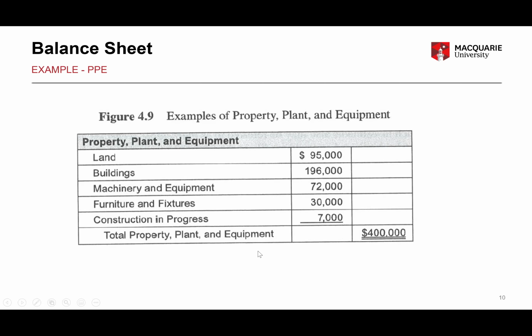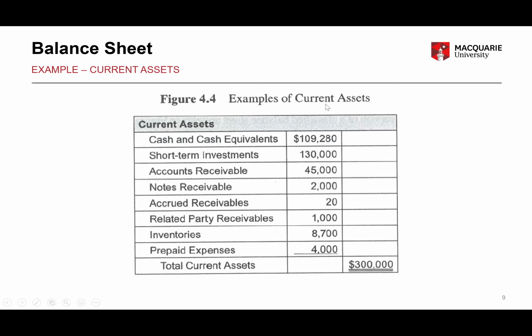Actually, I might just go back to the current assets, because there was a point that we made earlier, that notice the current assets are in order of liquidity. And liquidity is all about how quickly it can be converted to cash. So remember, cash is cash, and then our short-term investments could be converted to cash immediately if we needed to. Same with our accounts receivable.